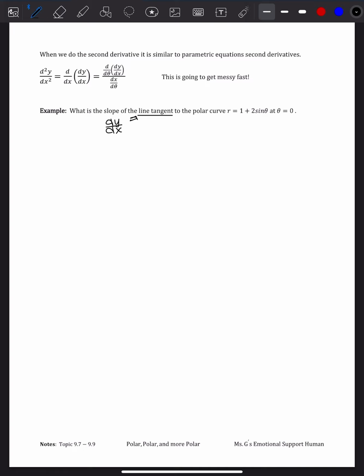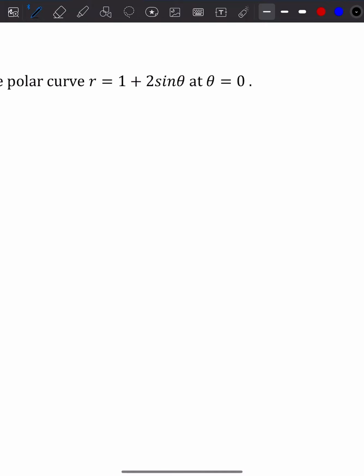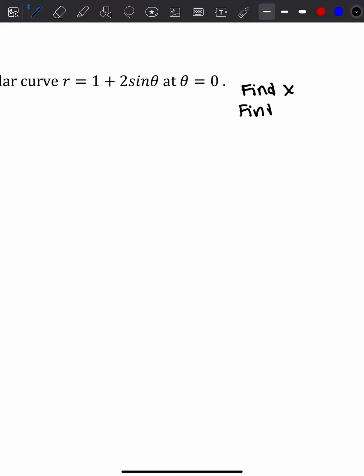So the list of things that we need to do. We need to find the equation for x. We need to find the equation for y. We need to find dx over d theta. We need to find dy over d theta.